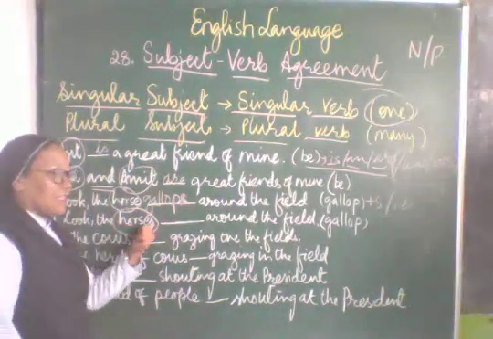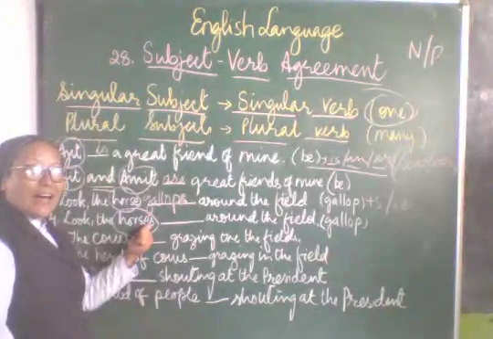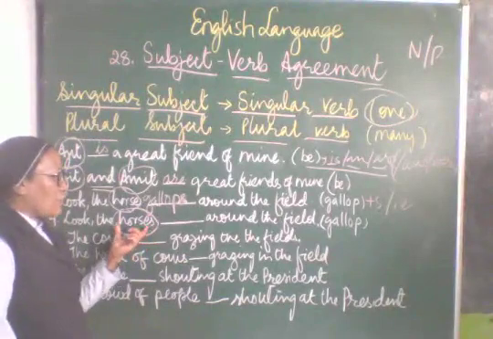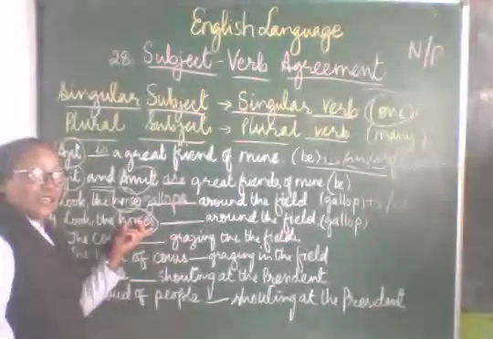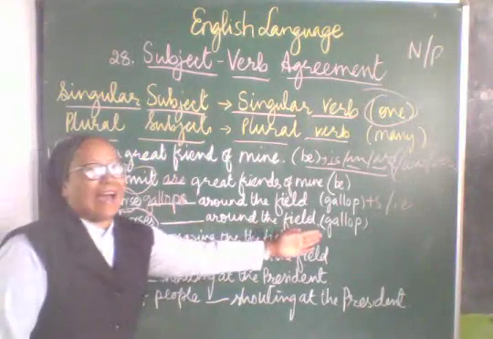That horses shows more than one. The subject is plural. The horses. So what will my verb be? Gallop. As it is, plural verb, gallop.